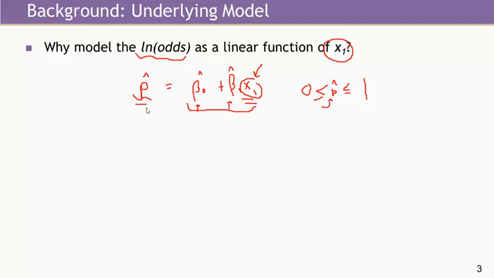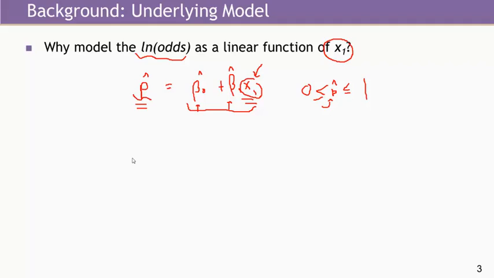That's actually a difficult estimation procedure, to constrain the slopes and intercepts we get such that they always work with the x1 values in our sample data to give us an estimate of the proportion between 0 and 1. That's actually complicated.